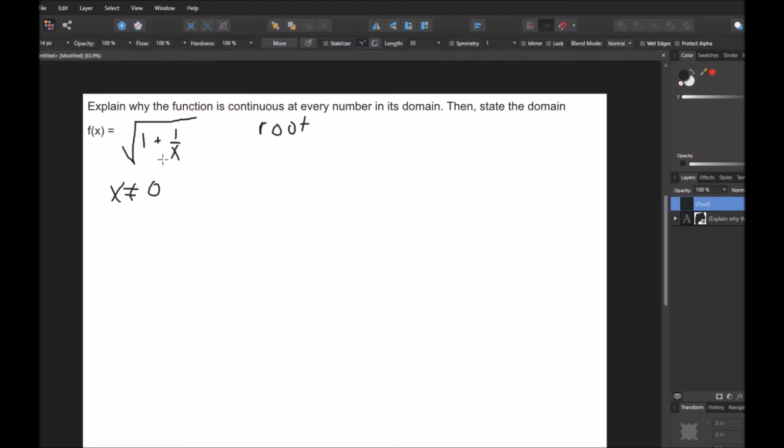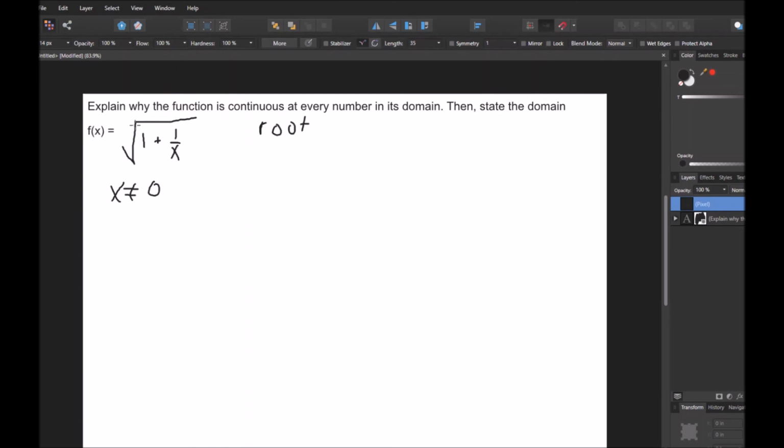However, if we go to x equals negative 1, we get 1 minus 1, which is 0, and then any number between negative 1 and 0 would also result in a negative number under the radicand.